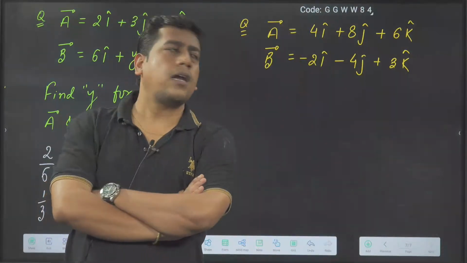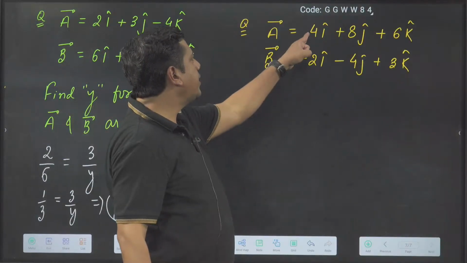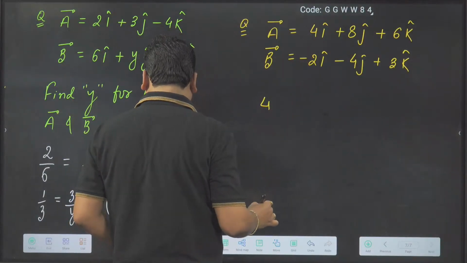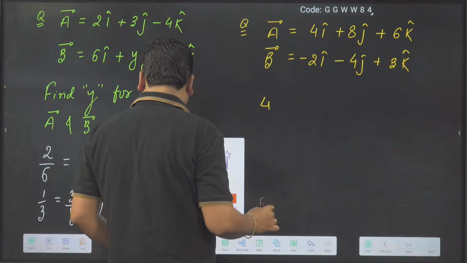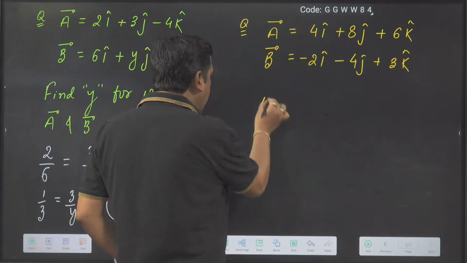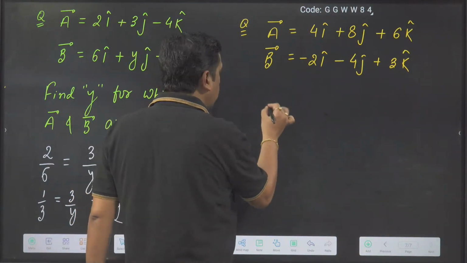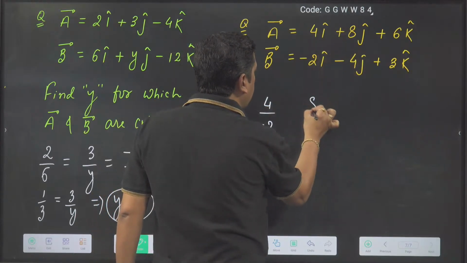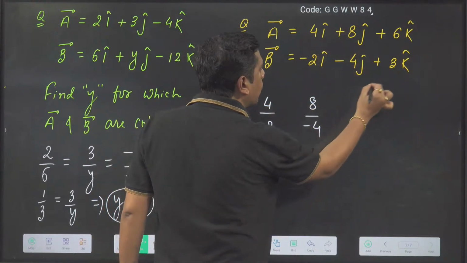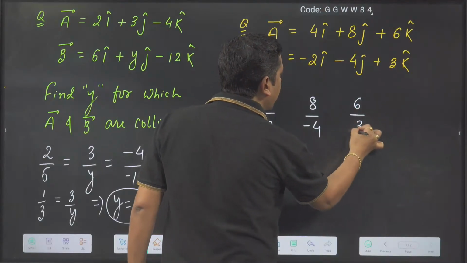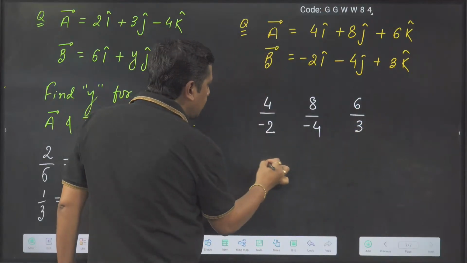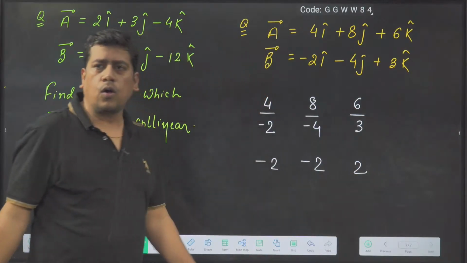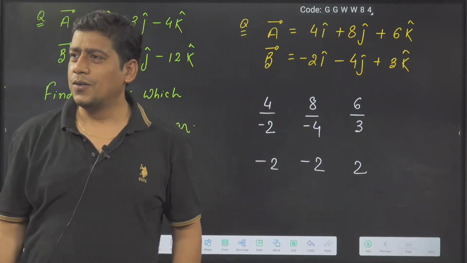Why is it anti-parallel? Because, sir, if you take the ratio of 4 by minus 2, here ratio 8 by minus 4, here ratio 6 by 3. So this is minus 2, this is minus 2, this is plus 2.